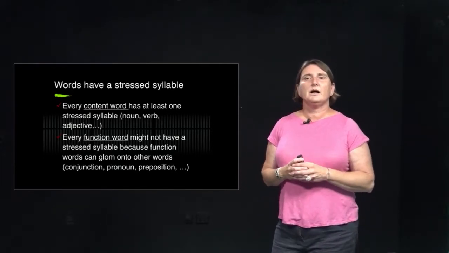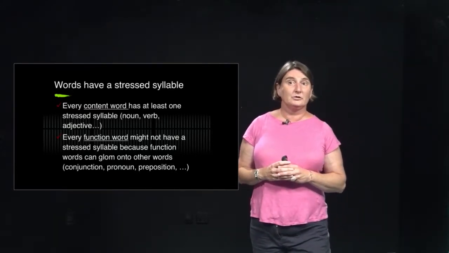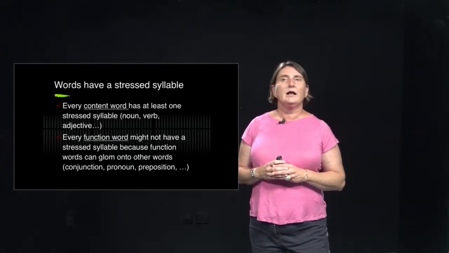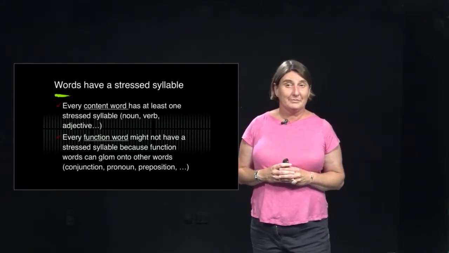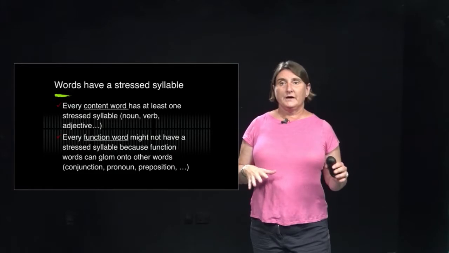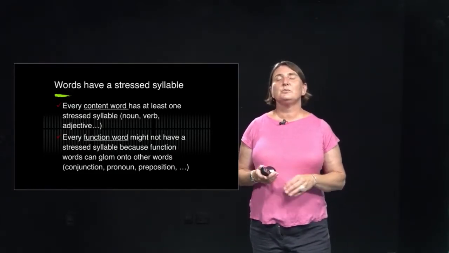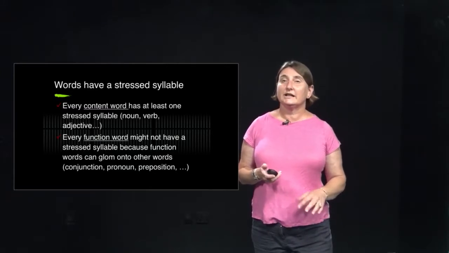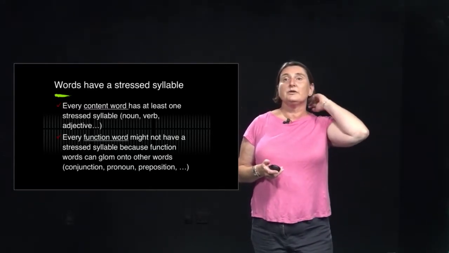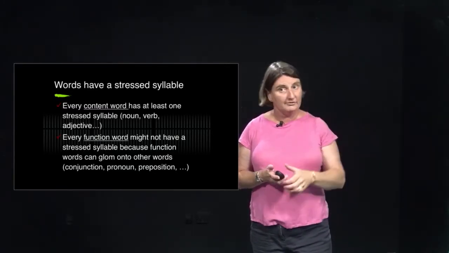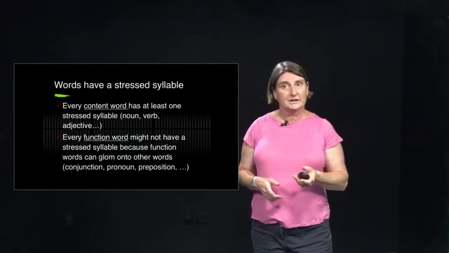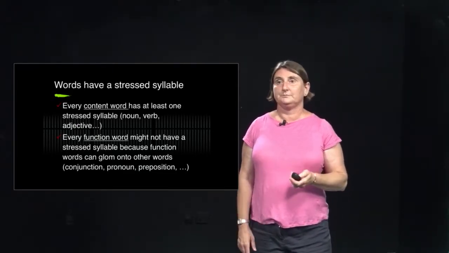So I like to talk about them as the grammatical glue that holds things together. They might not add a lot of meaning to the sentence, but they allow the parts to be combined. So sometimes the function words will be kind of under-articulated and a little bit hidden. So it's possible that in a function word you will not find a stressed syllable. But every content word is going to have a stressed syllable.